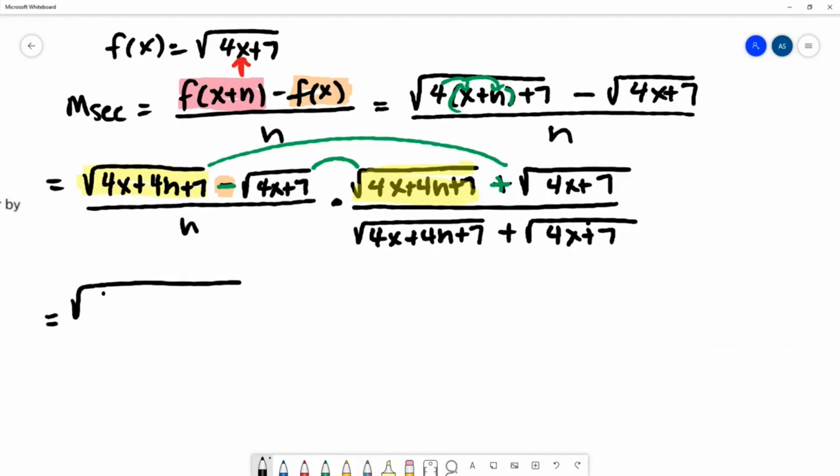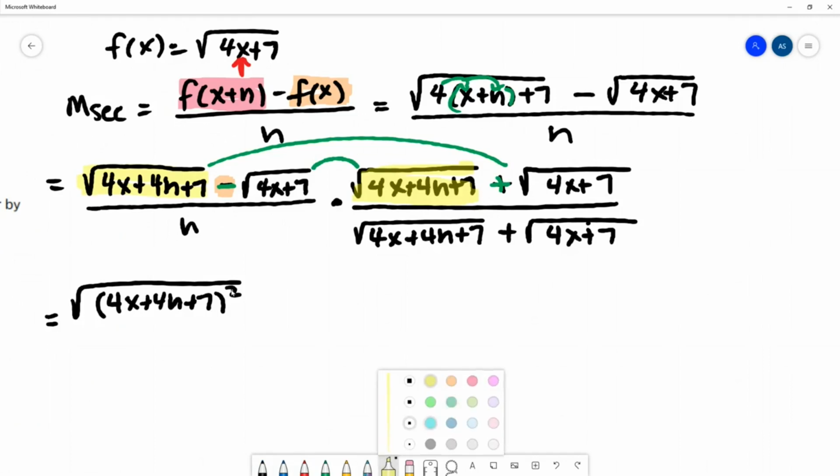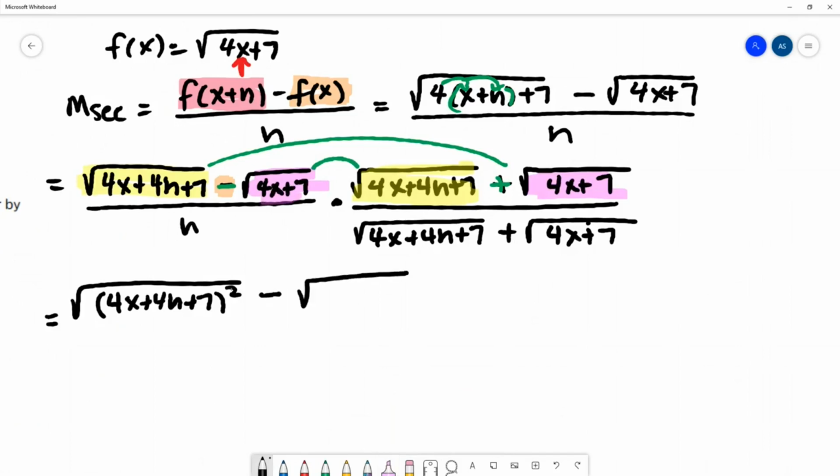That's square root of 4x plus 4h plus 7 squared. Because those two radicals are exactly the same, we have two copies of them, which is why I wrote that squared there. And when we multiply the last two terms together, we once again have the exact same radicals. It's going to be minus square root of 4x plus 7 squared. So we have those two copies of the 4x plus 7.